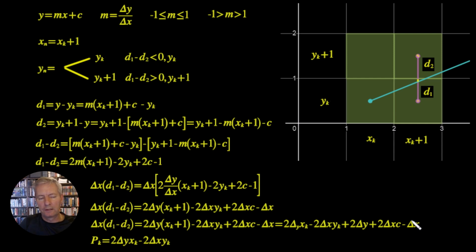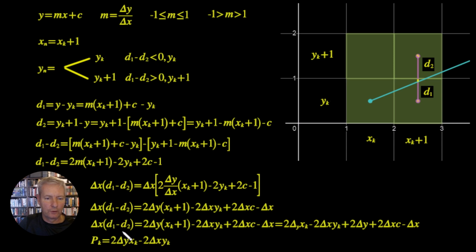So whenever we go to make our decisions, it doesn't matter whether we add a constant on or not, it makes no difference to the final outcome. So we can actually get rid of these three terms at the end. When we get rid of them, we're left with the decision value.